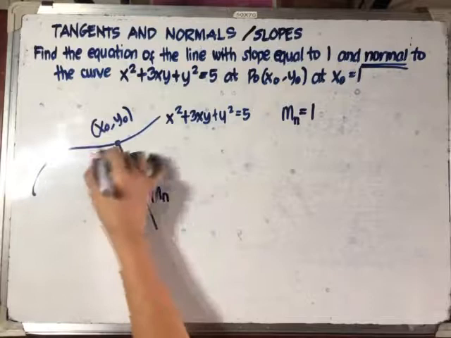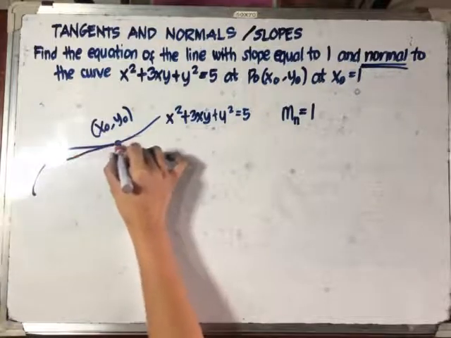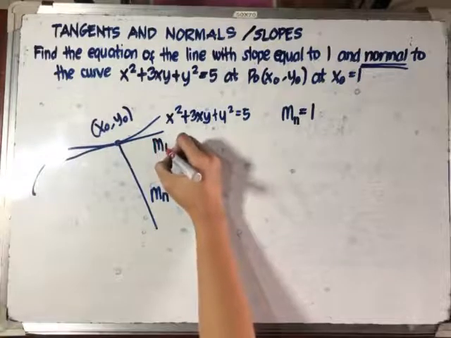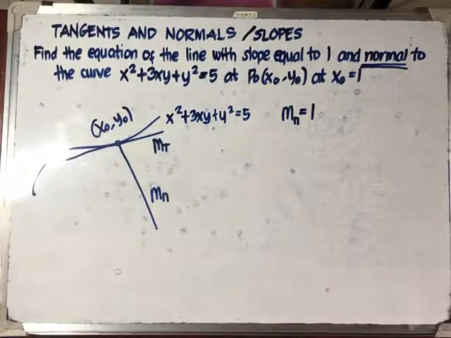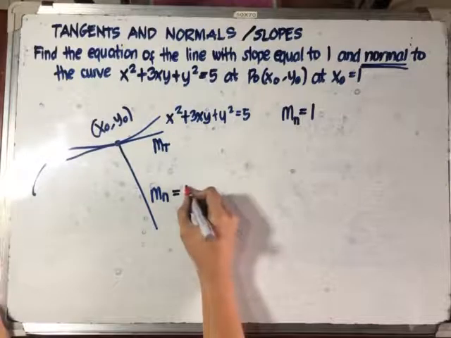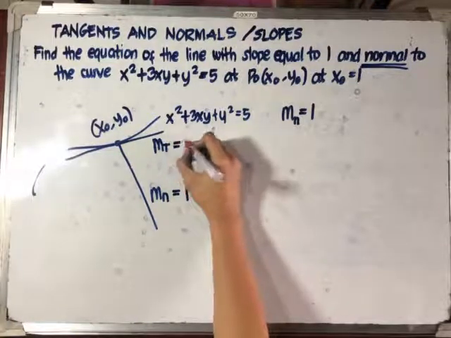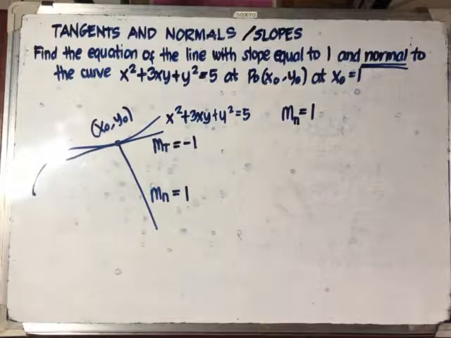So, now, if I am to draw the tangent line here, ganito yung magiging itsura ni tangent line, no? Tangent at this point here. Can we get what is M tangent? If M normal is 1, what is M tangent? Diba? Negative reciprocal nila ang isa't isa. So that this would be negative 1.